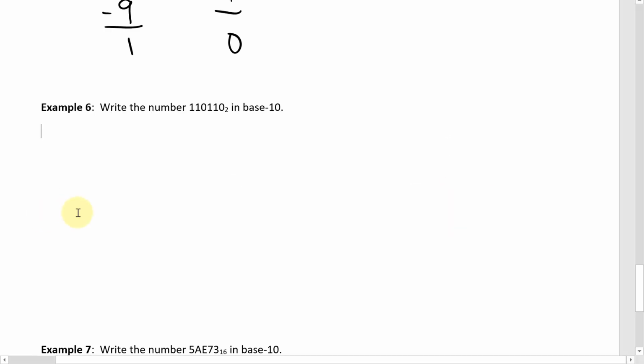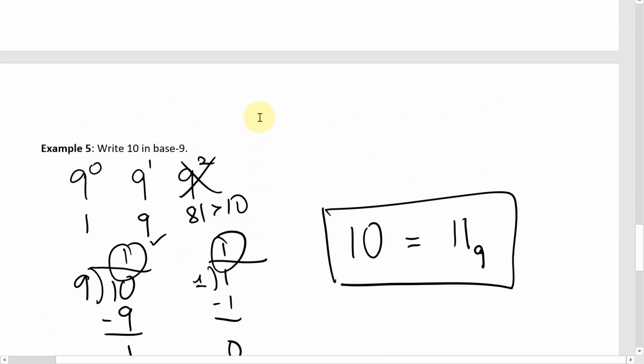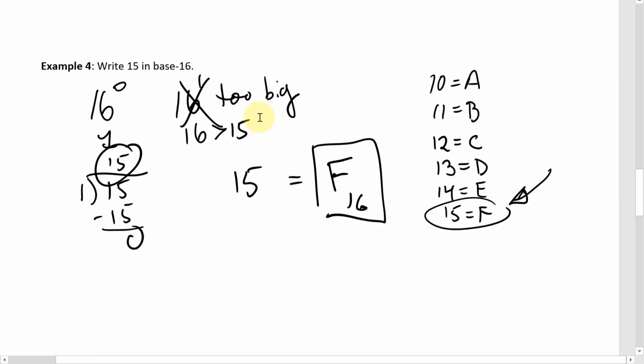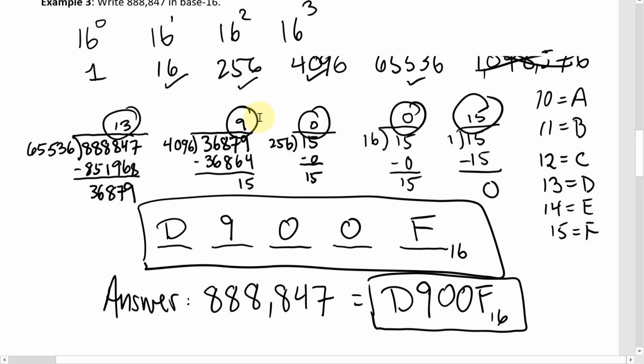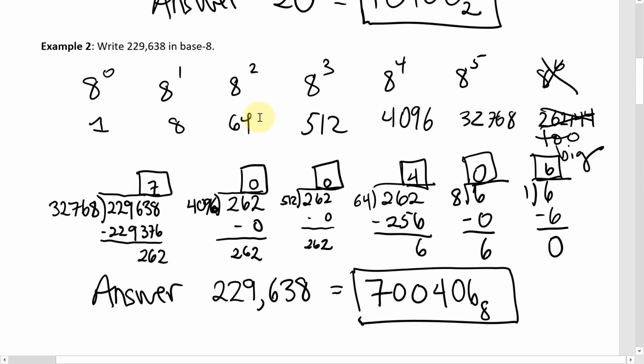So now let's do some conversions that go the other way, that take some arbitrary base and convert it to the standard base 10. Looking back at the first 5 examples that I've done, I've always been converting from standard base 10 into some other arbitrary base, and all of these required this long division.